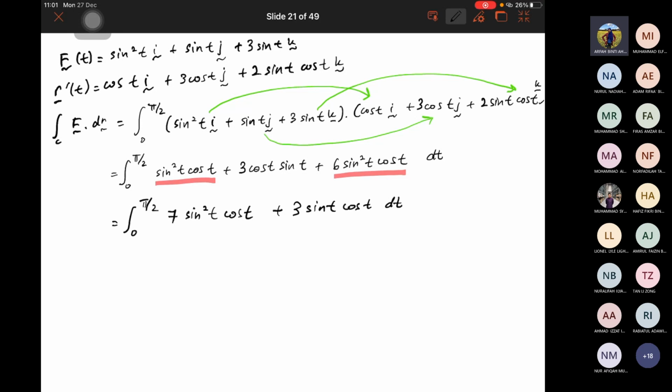Okay. So sama dengan 7 keluarkan, 0 to pi over 2 sin squared t cos t dt, plus 3 keluarkan, from 0 up until pi over 2 sin t cos t dt.